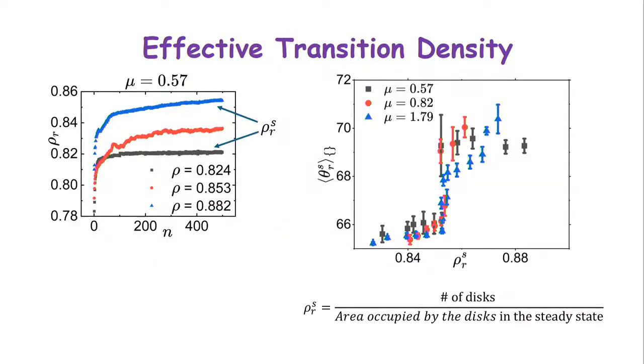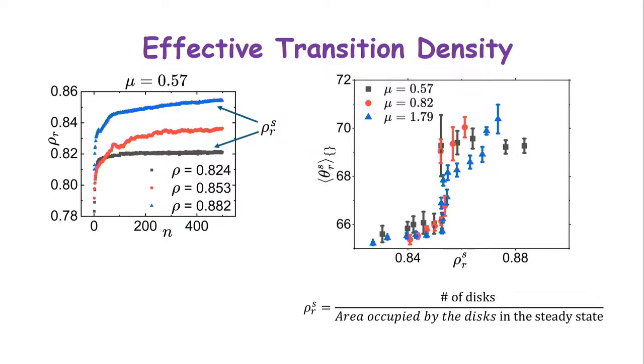So what you can do is look at this rho_r as a function of n, and this saturates to some different densities, and these densities are basically the density in the relaxed state.